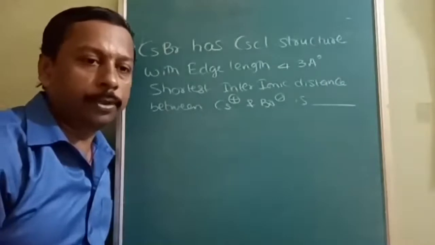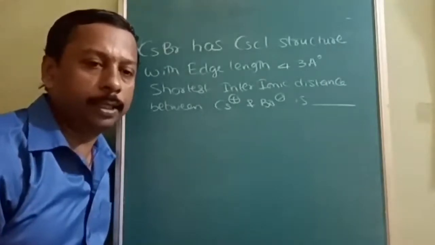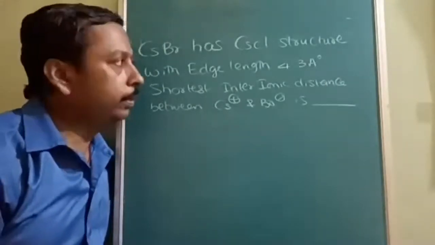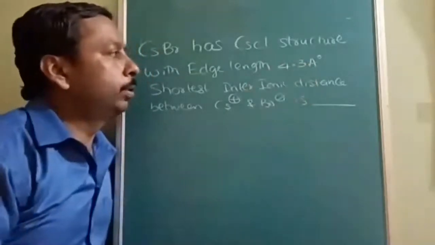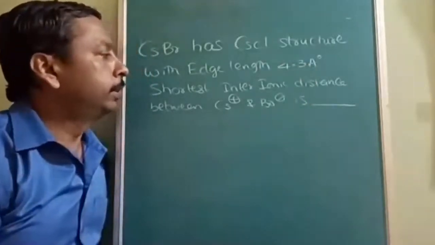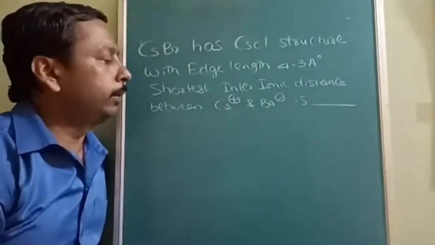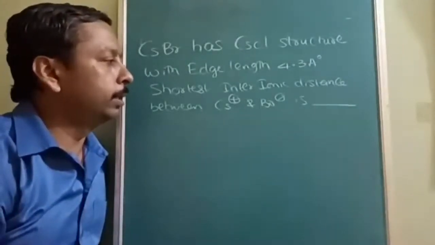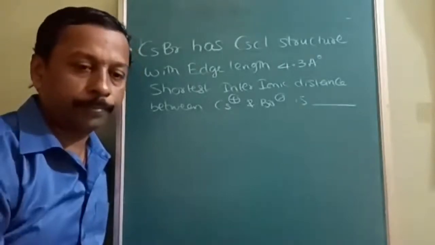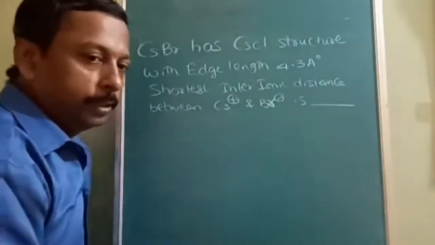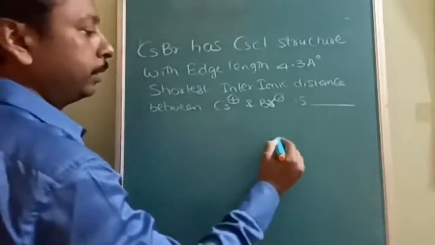Okay, next question. CsBr has the CsCl structure with an edge length of 4.3 angstroms. The shortest interionic distance between cesium plus and Br minus is? In cesium chloride it is BCC.